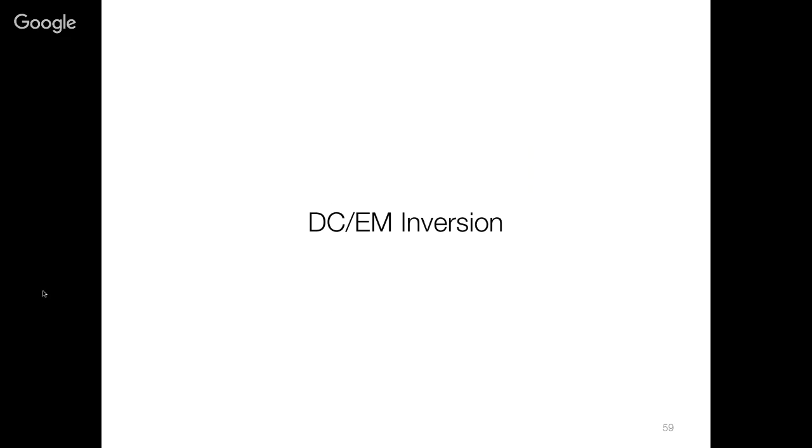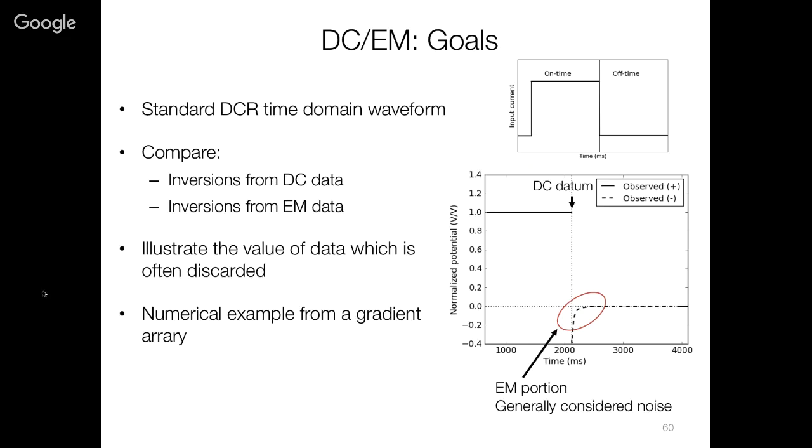There's a lot of really interesting stuff that we and other people have been doing, looking at trying to get the maximum amount of information out of your EM signal. In some cases, for instance in DC resistivity, I'm just going to outline the problem, but we're not going to go through it.